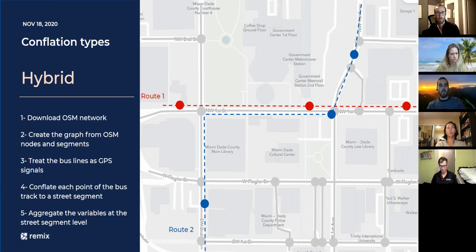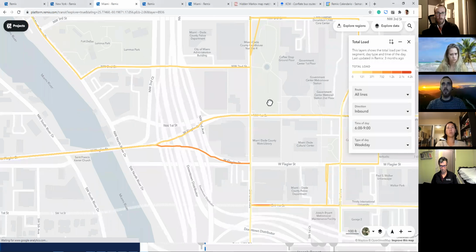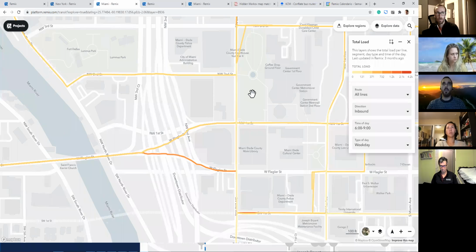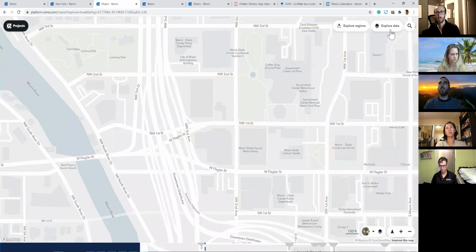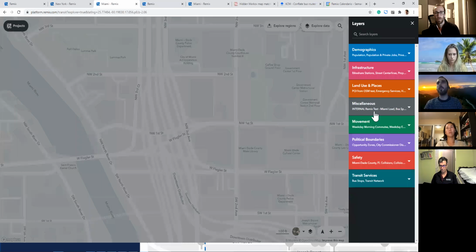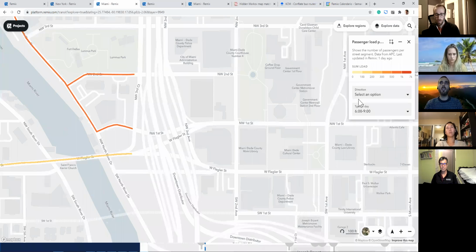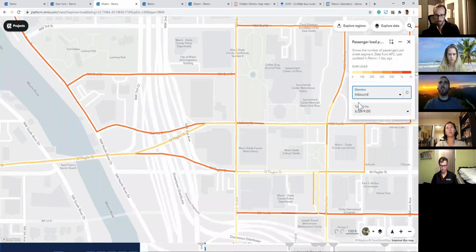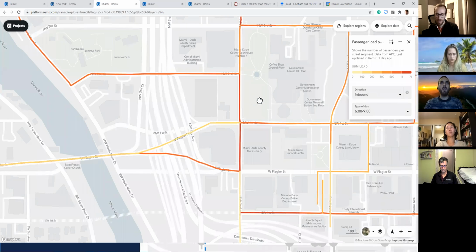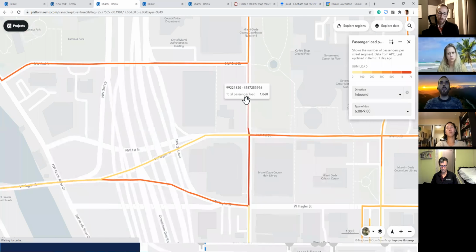And this is the result. So if we go back to the map, and we're still trying to answer how many people are using the bus on this segment, with the new output we don't have overlapping segments anymore.